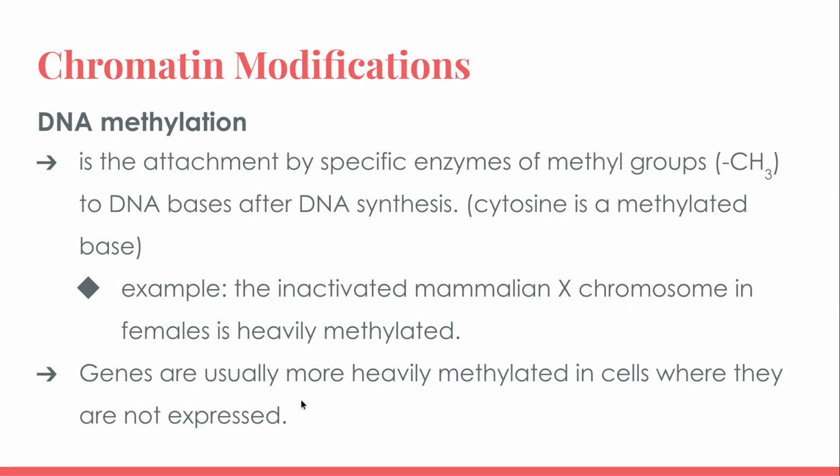And if you remove the methyl groups, demethylation, then it becomes more open. So the methylation processes and histone acetylation can be carried over from one generation to the next generation, even though there is no change in the DNA sequence.